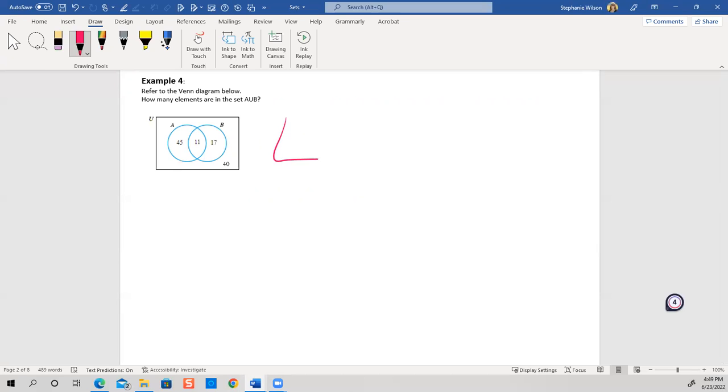Let me just draw this out and label it. This whole thing inside here is the number of elements of A prime intersect B prime. And then this A circle here, I need to draw better, don't I? Let me draw it a little bit better.